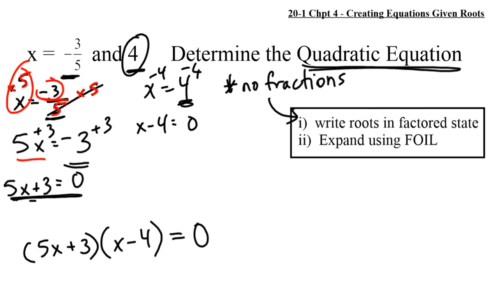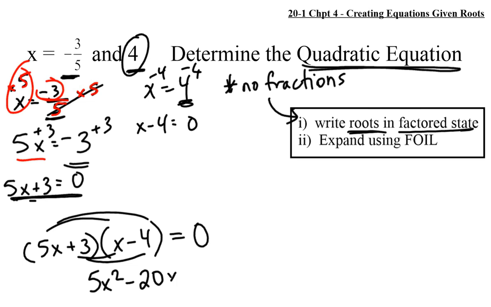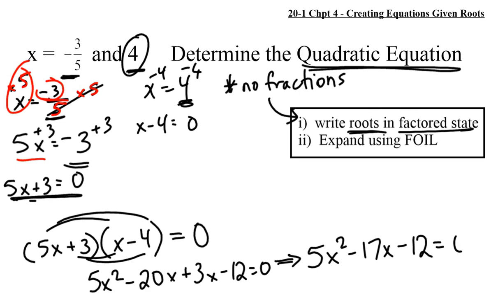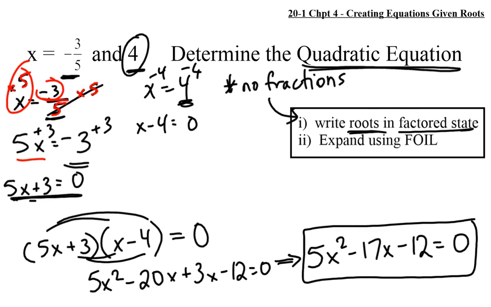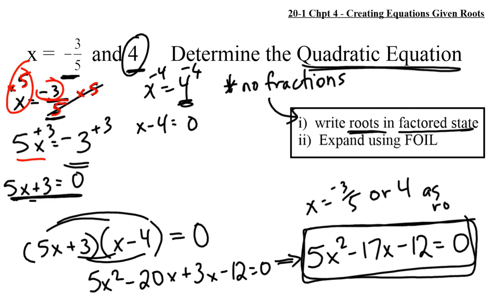So we work with the roots, put them into factored state, and now we FOIL. 5x squared minus 20x plus 3x minus 12 equals 0. So our quadratic equation, 5x squared minus 17x minus 12 equals 0. There's the quadratic equation that has x as equal to negative 3/5 or 4 as roots.